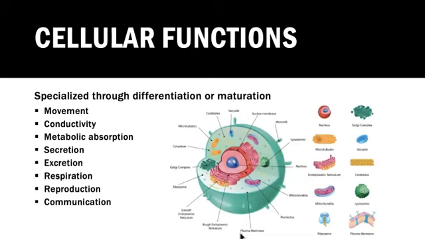Not all of our cells are capable of continuous division, though. And lastly, we have communication. We're going to get into specifics regarding that as well, but just know that communication helps our cells survive as a society of cells, and it also allows maintenance of a dynamic steady state.